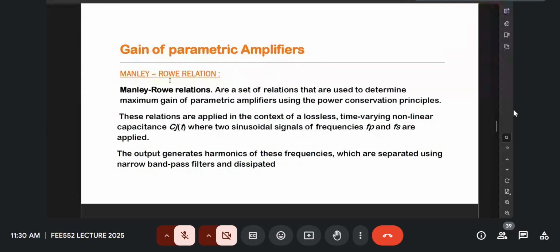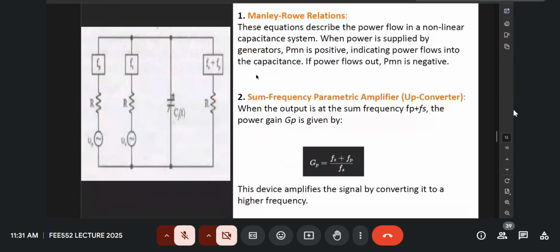These relations are applied in the context of a lossless, time-varying, and linear capacitance, where two sinusoidal signals of frequencies FP and FS are applied. By now, I know you understand what FP and FS are. So the output generates harmonics of these frequencies, which are separated using narrow band pass filters and dissipated.